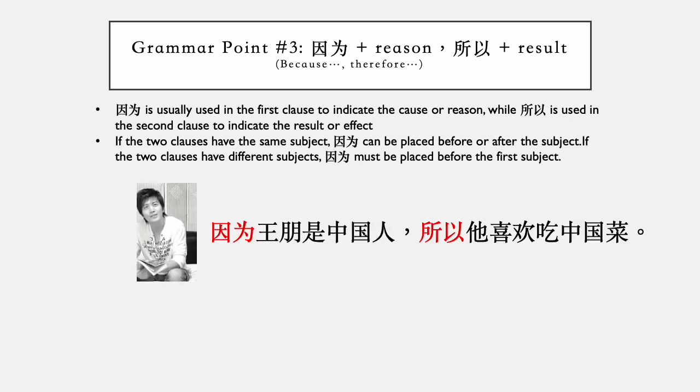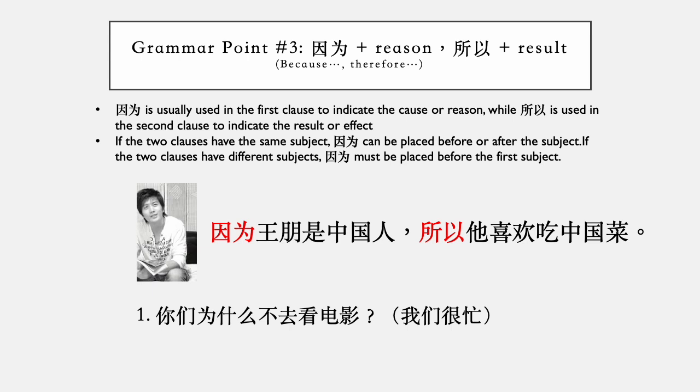Let's look at some examples. We could say 因为王鹏是中国人，所以他喜欢吃中国菜。So because Wang Peng is Chinese, therefore he likes to eat Chinese food. A very generalizing statement. Let's try another one.